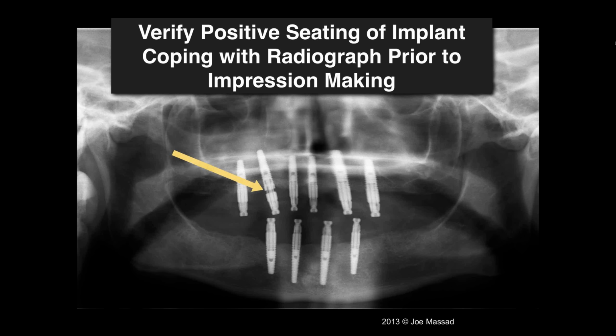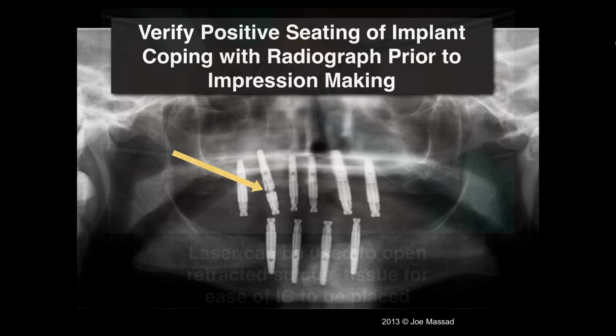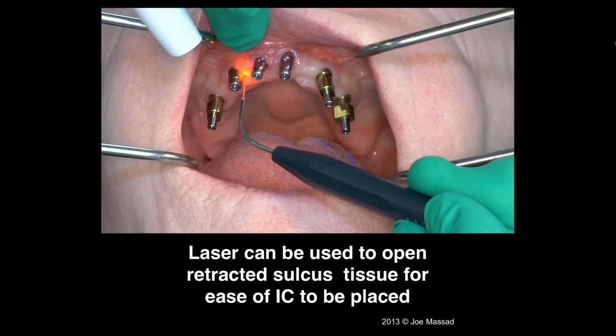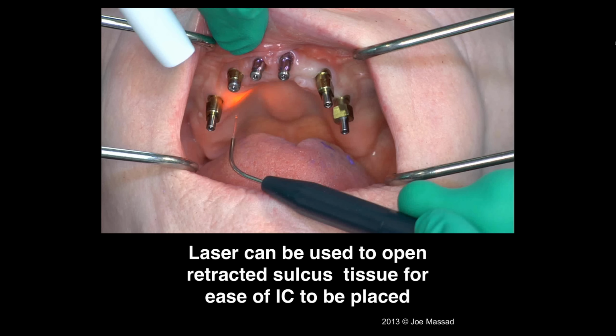We've already got the implants in now, but we use a diode even for retraction. But what we find is many times there's tissue that gets underneath before you even get the implant coping in. Many times we take the healing abutment out, and what happens? The tissue is like a sphincter muscle. It closes back, and we can't always get it in.